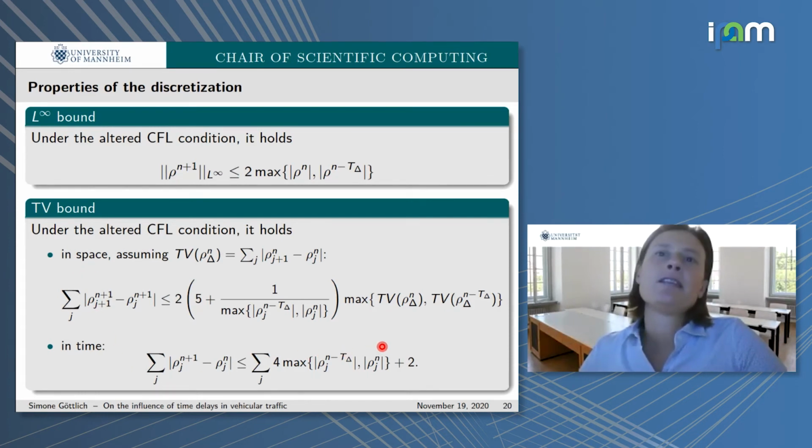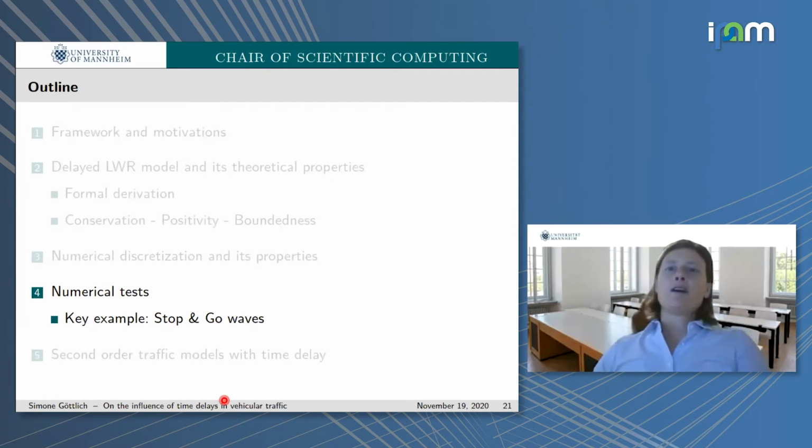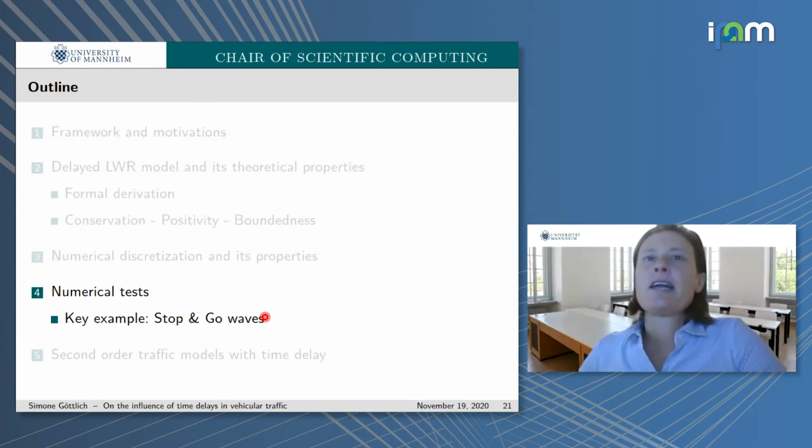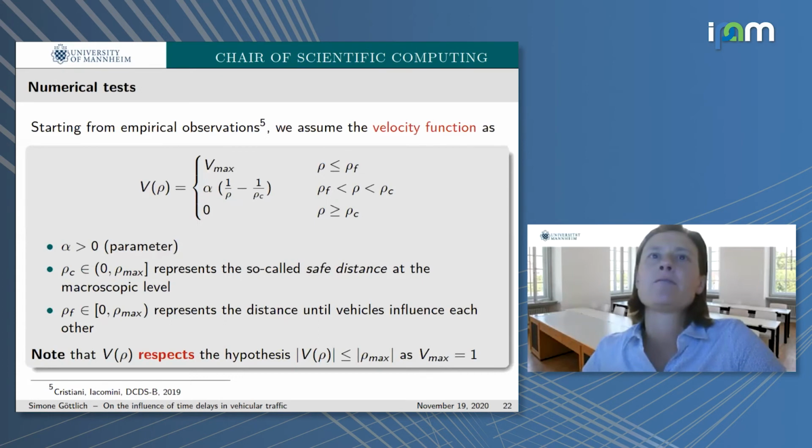Due to some index shift, we are able to derive both. These are some longer calculations, which I will not present here in detail. So far, we have some estimates, and now we can go ahead and discuss numerical tests for this delayed model.